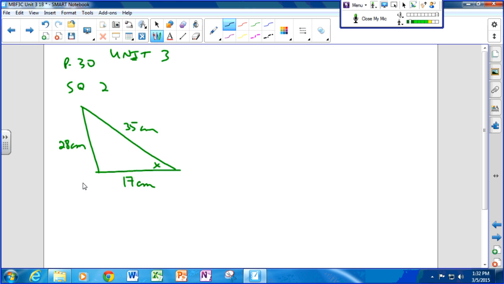We can derive the formula again. If you have it written down in your notes, you just go ahead and use it. But why not? It's going to be something like x squared equals, now in this case, 17 squared plus 35 squared.